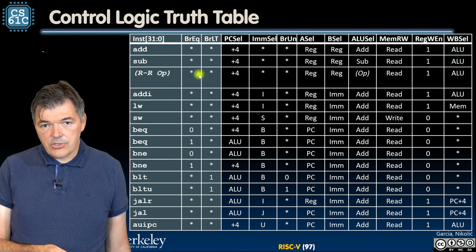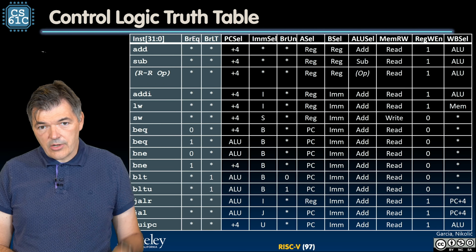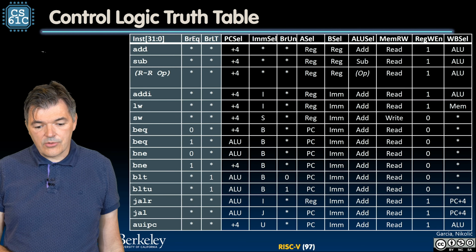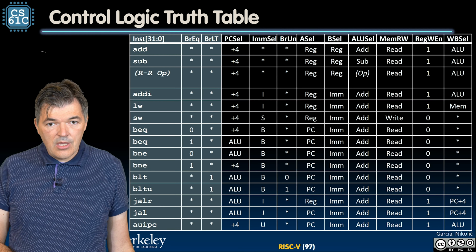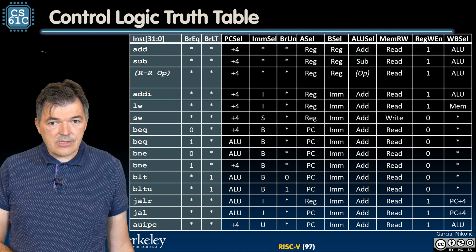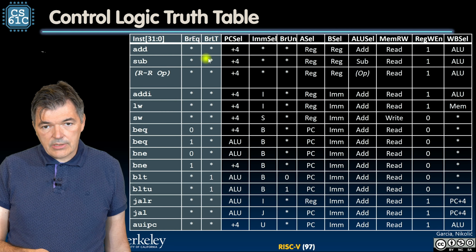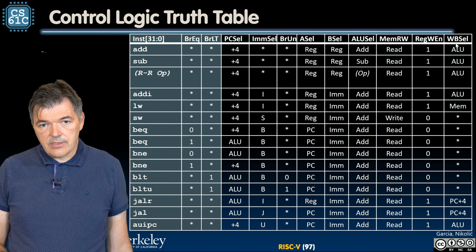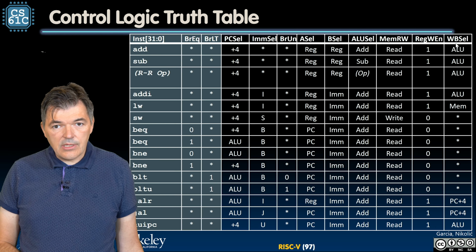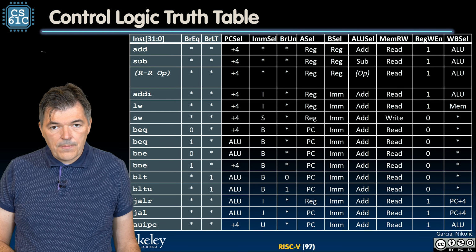These are the branch comparison outcomes, whether the operands are equal or less than. Remember, those are the two arrows that were also pointing down into the control logic as the inputs. We need those to figure out how to select some of the control signals. And then each row has a particular set of control signals that it needs to correctly execute.